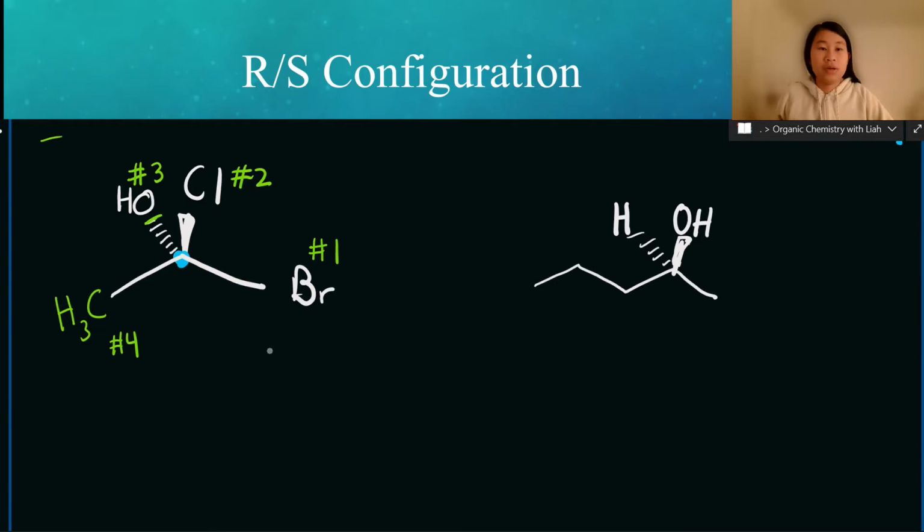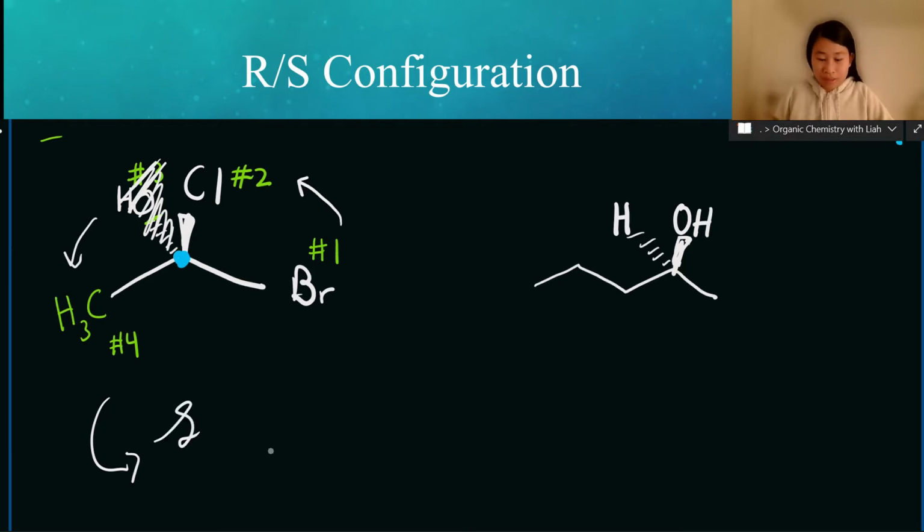Now what you're going to do is ignore the one on the dash. So ignore the group and the number on the dash, and you're going to count what's left. Now you're going to go from 1 to 2 to 4, so from lowest to highest number. And we see that this is going to be a counterclockwise rotation, which tells us that this configuration is S. Now our next step is to see what's on the dash.